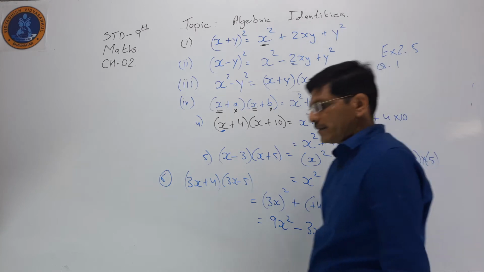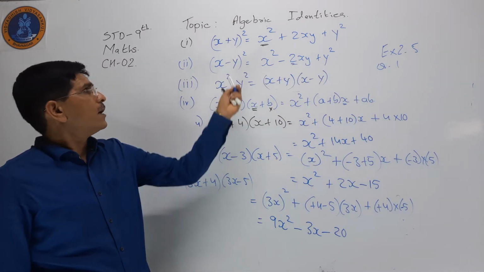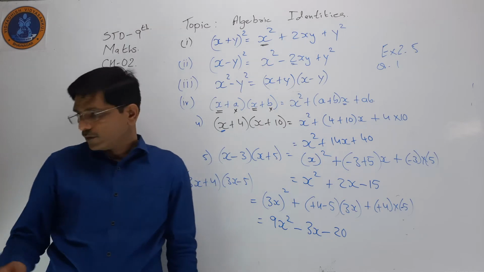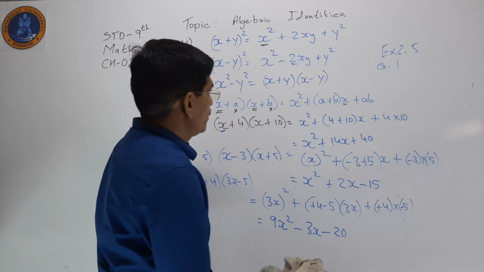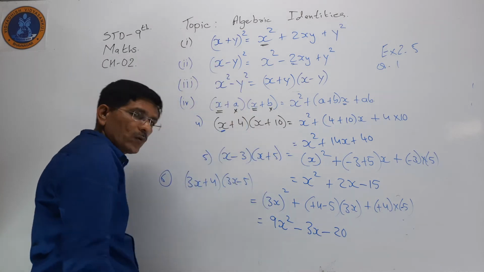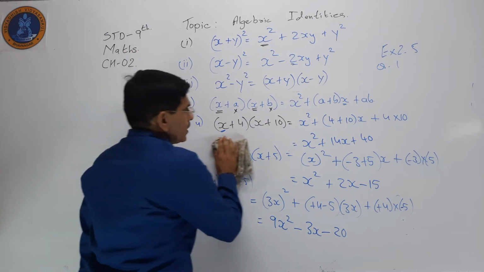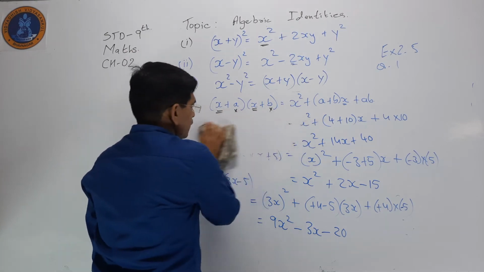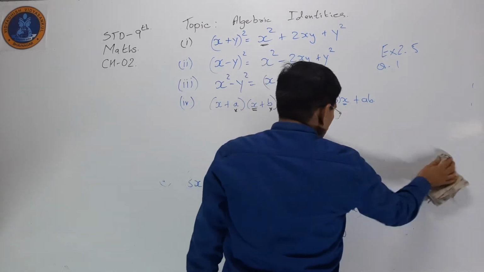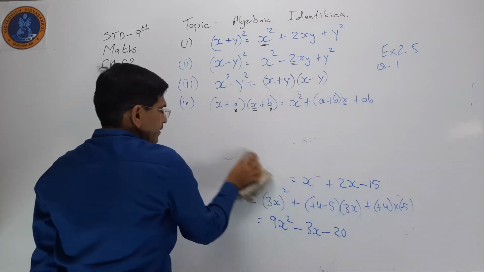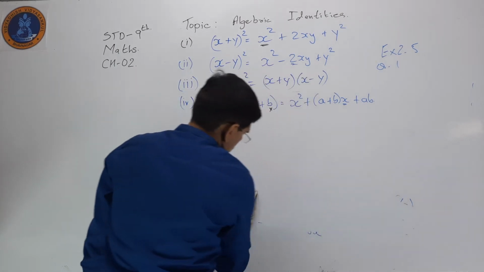Now I think you have written it. Now we have to use this to find out the value. One more related topic is evaluating the value. So by using this formula we can also find out the value. So that is question number 2. First of all, again the four identities we can use to find out the value. That is called evaluate the value.